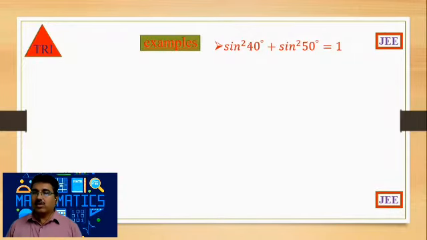So the answer is a coincidence, but this is not the exact method. Sine square 40 plus sine square 50 degrees. Here 50 degrees can be written as 90 minus 40. Sine square 90 minus 40, that is cos square.